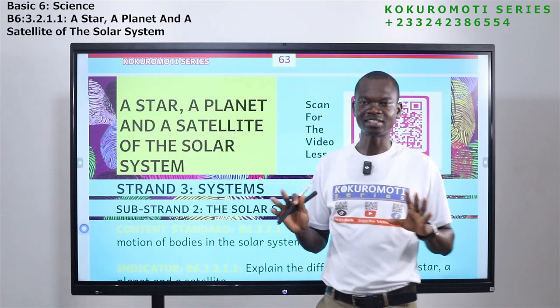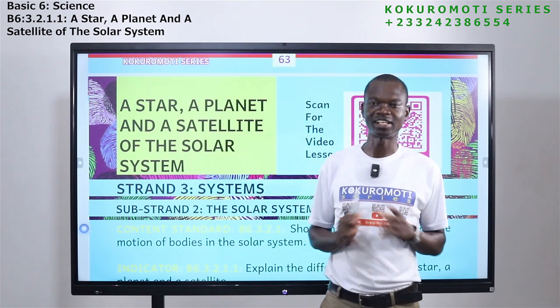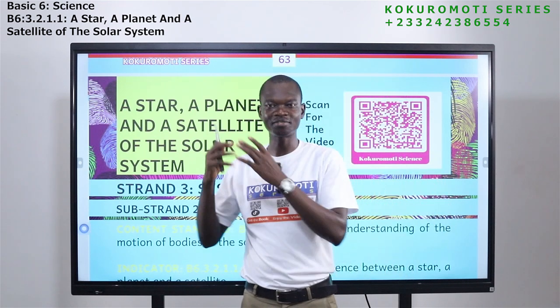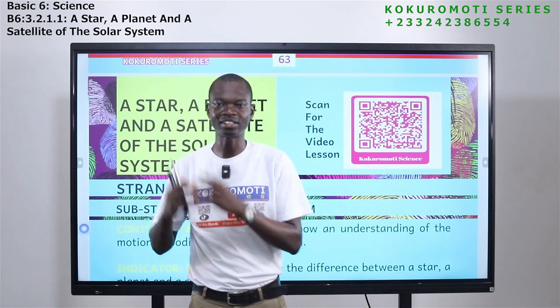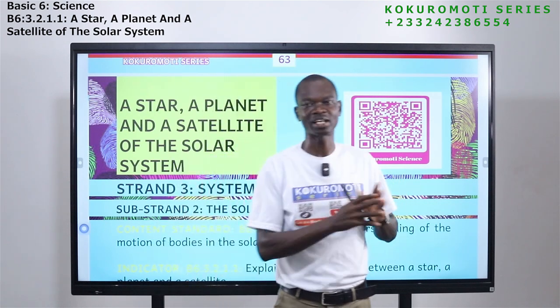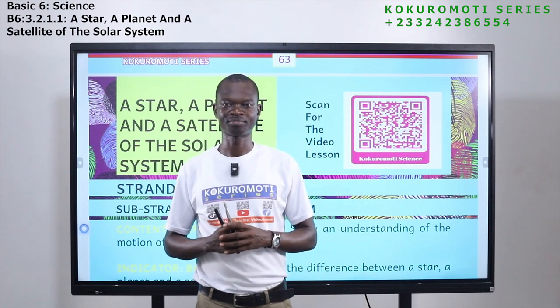So these are the 3 things that we are going to look at today. And I believe that by the end of the lesson, you'll be able to tell the difference between a star and a satellite. You'll be able to tell the difference between a satellite and a planet. You will be able to differentiate between these terms.